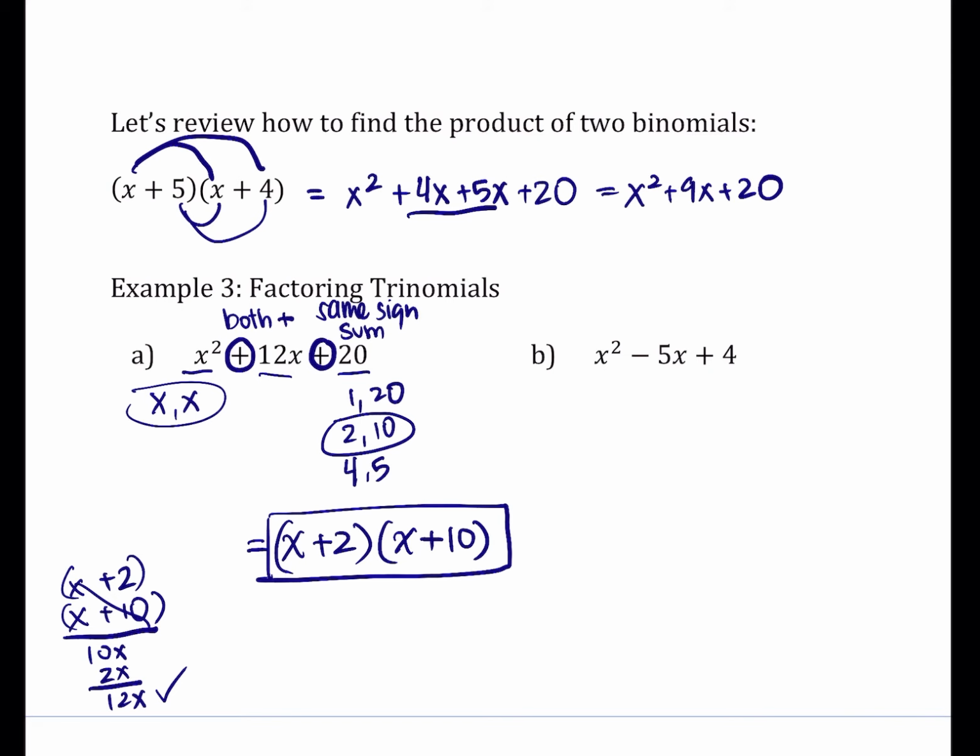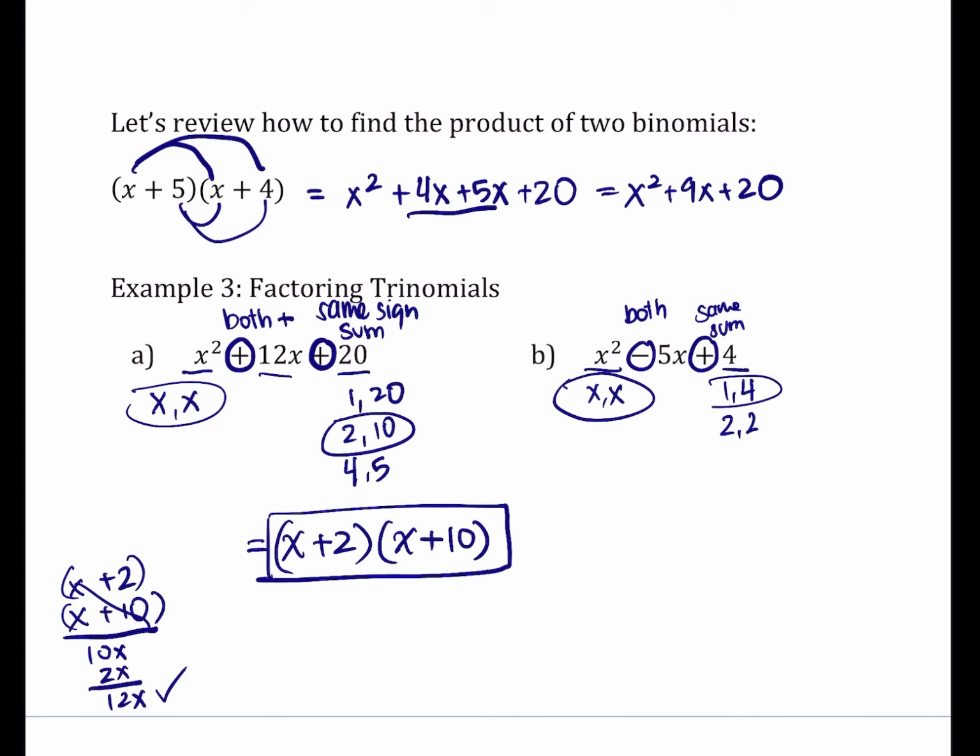Okay, looking at this second part of example 3, we still have a same sign, and we're looking for a sum, but now they're both going to be negative. So this one we can actually do probably without checking, so we know it's x and x. There's only one to choose from. 1 and 4, 2 and 2 for my factors of 4. Which one of these will give me a sum of 5?